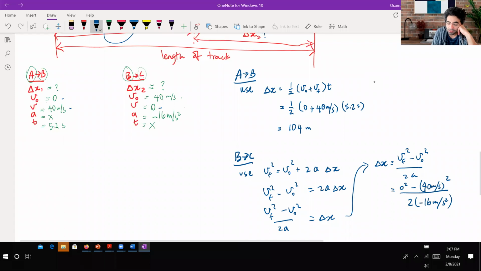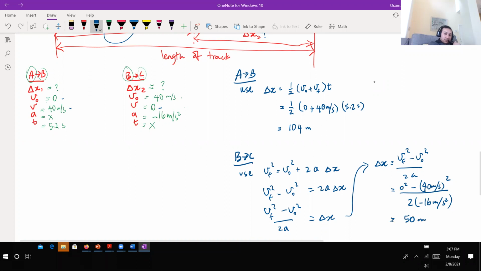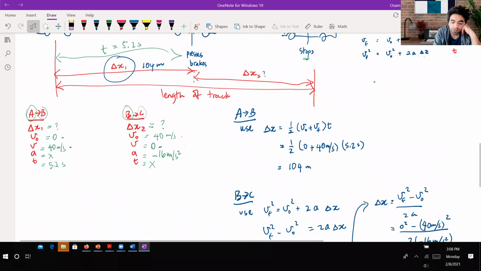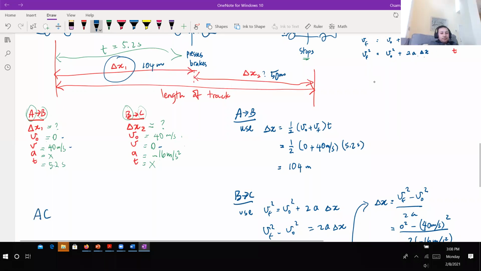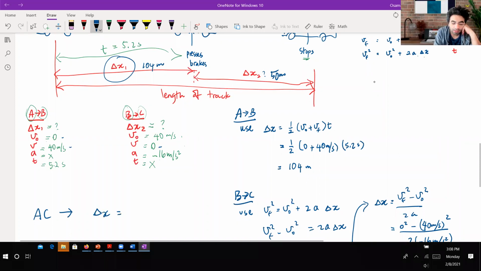So 1600 divided by 16 gives me 100, divided by 2 gives me 50. 50, very nice. So this is 104 meters and this is 50 meters. So together, for A to C, the whole length of the track is the sum of the two, 154 meters.